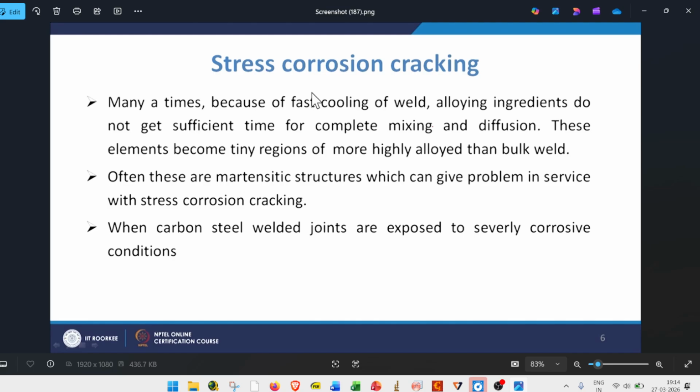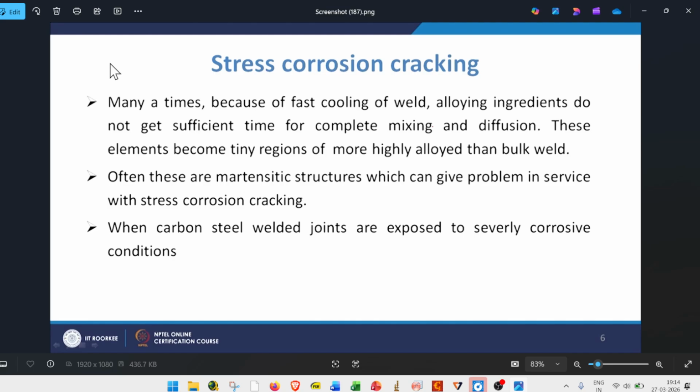Why this stress corrosion cracking happens is that many times, because of the faster cooling of the weld, alloying ingredients do not get sufficient time to completely mix and diffuse. Those elements become tiny regions that are more highly alloyed than the bulk weld material.